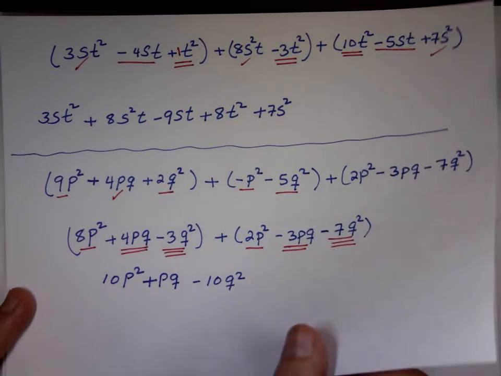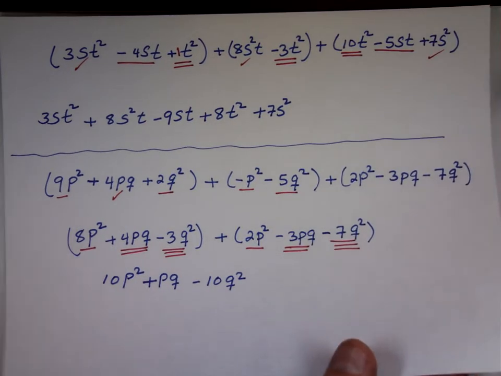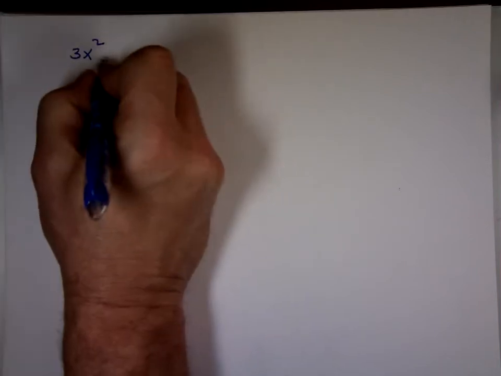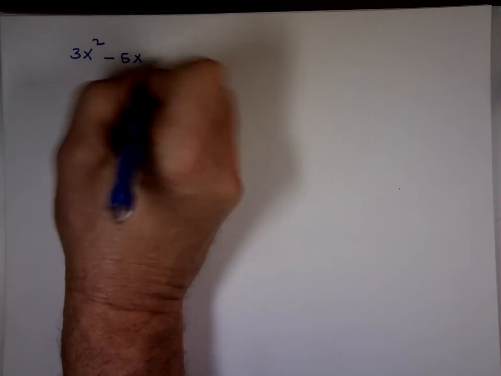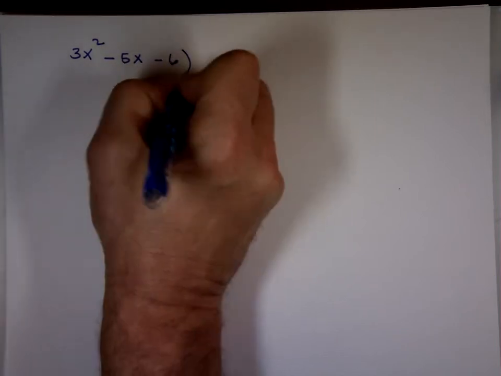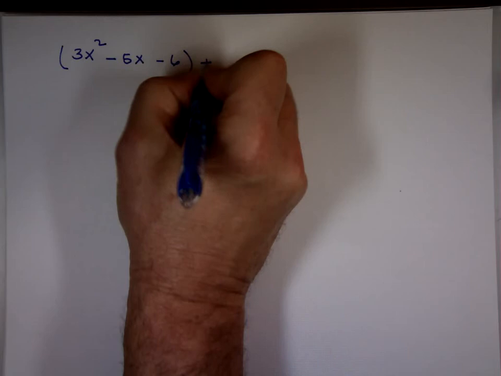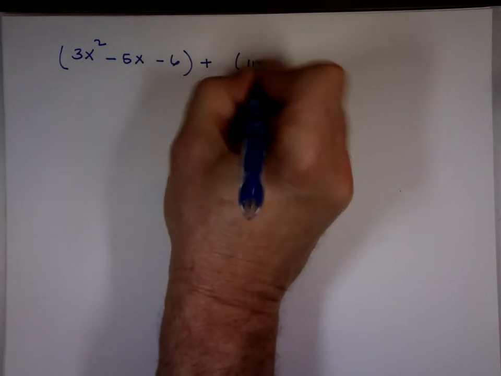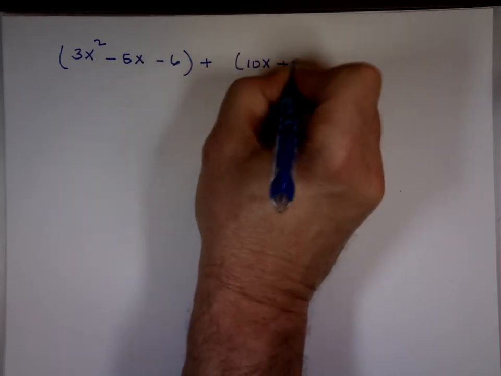Maybe I'll do color more vertically because I've been ignoring vertically. Let's say I want to add 3x squared minus 5x minus the 6. Now I want to add to it 10x plus 20.